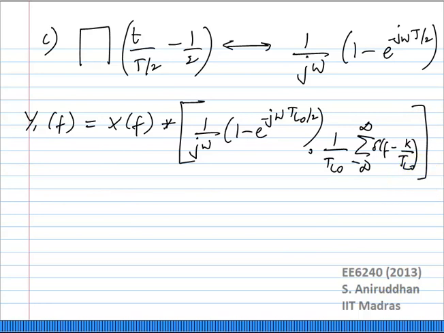To make things easier, if I set k equal to plus or minus 1, that will give me my IF spectrum, because I am really interested in the product of the RF and the LO frequencies. In other words, the RF frequency translated by the LO frequency and not by its harmonics. So I am going to set k equal to plus or minus 1 in this expression to get the IF spectrum.